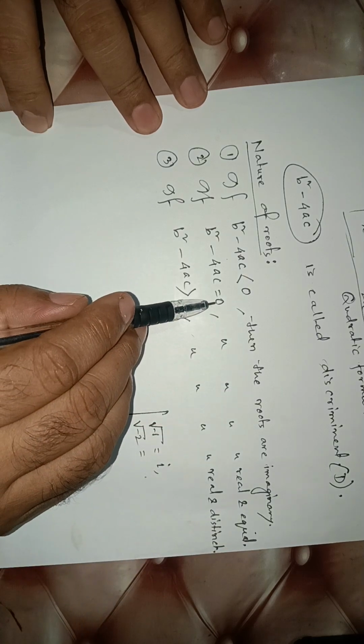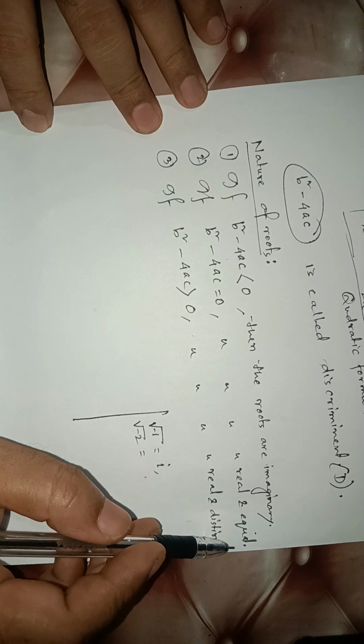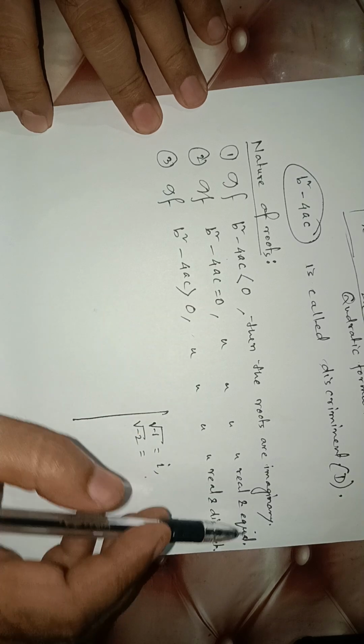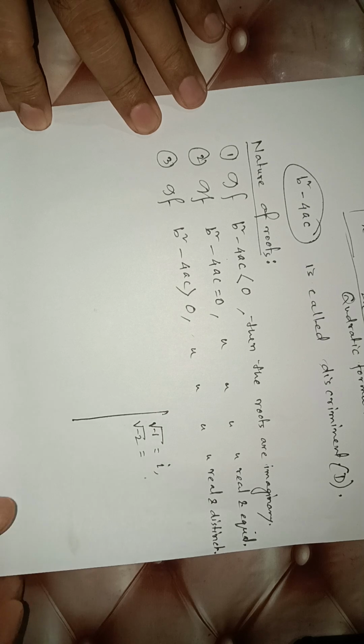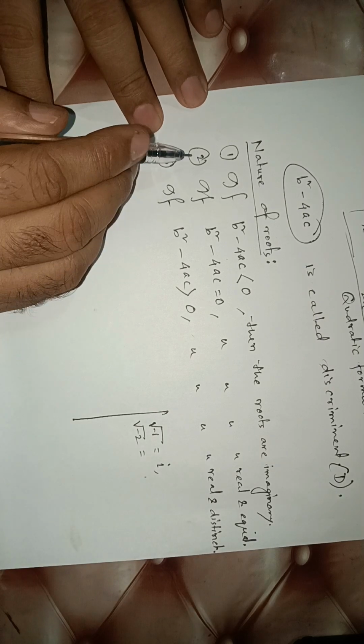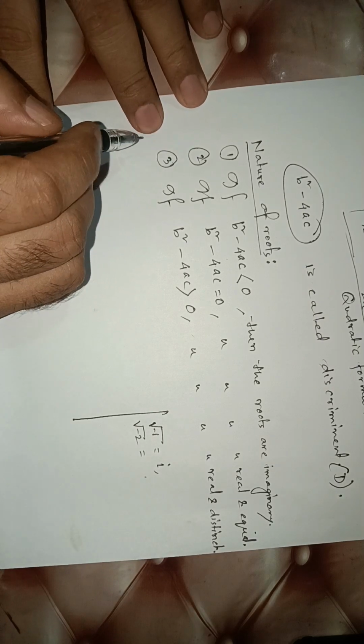If b square minus 4ac equal to 0, then the roots are real and equal. How, sir? For example, I am considering one example for 2 and one example for 3.